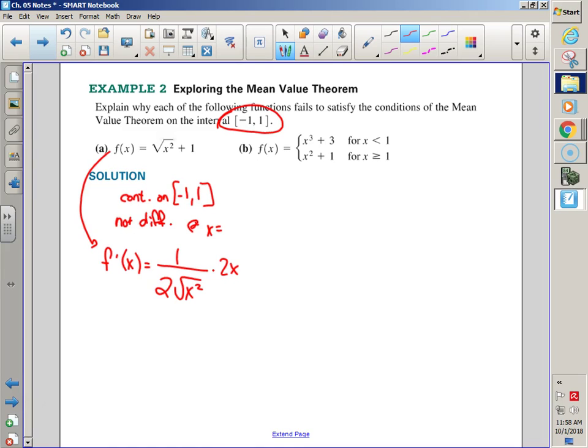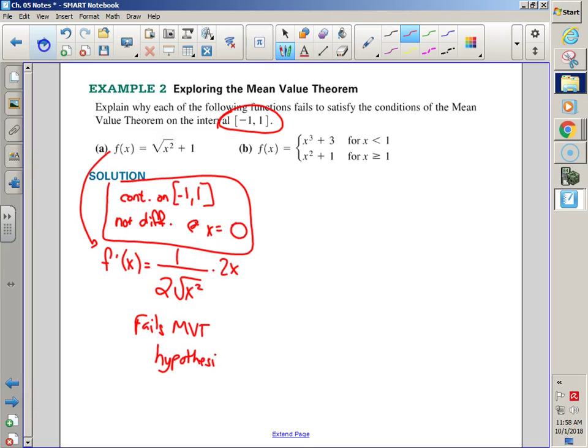The derivative won't exist at 0, so it fails MVT, because it's not differentiable at x equals 0, and 0 is in between -1 and 1. Do I even have to analyze and explain how it's a sharp point? Or no, it doesn't matter. Technically, it's a 0 over 0, so it's going to be a sharp point. But all I have to say is it's not differentiable. The derivative doesn't exist at 0.